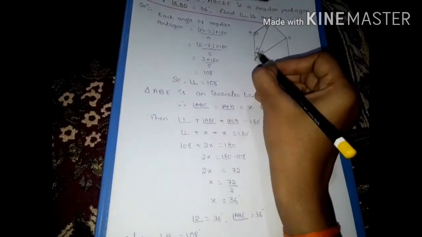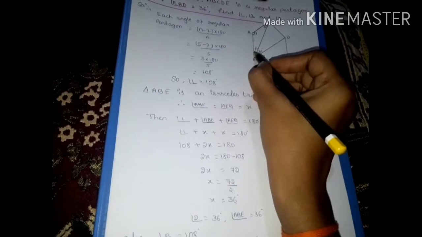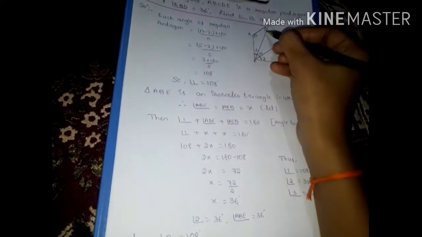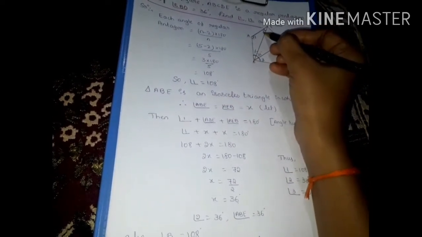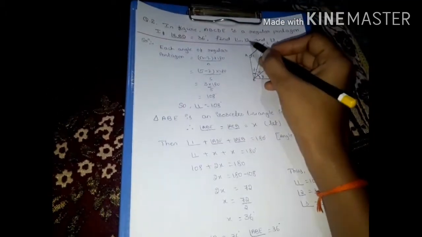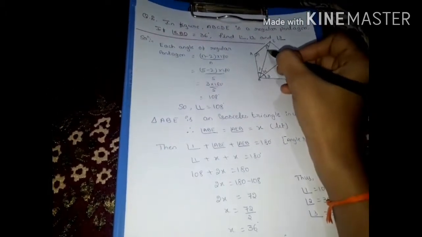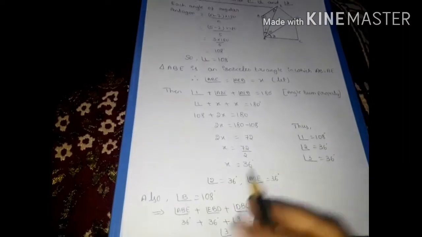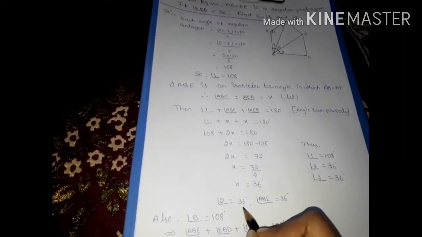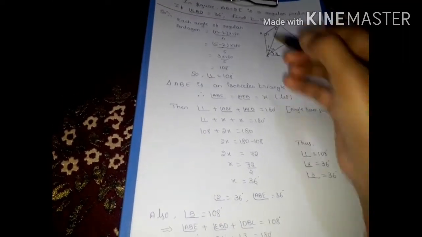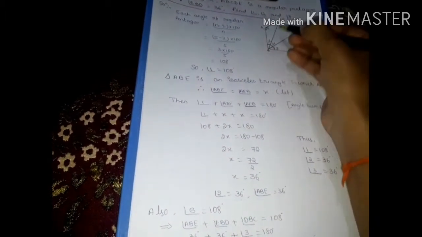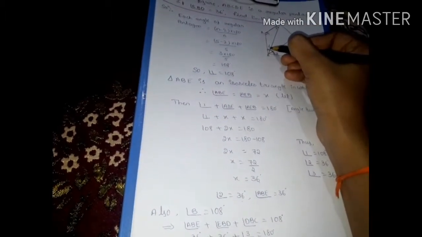Here we got x value 36. When x value is 36 degrees, then angle 2 also measures 36 degrees. Here we got angle 2 value, that is 36 degrees. Angle 2 we got 36 degrees, and also angle ABE measures 36 degrees.